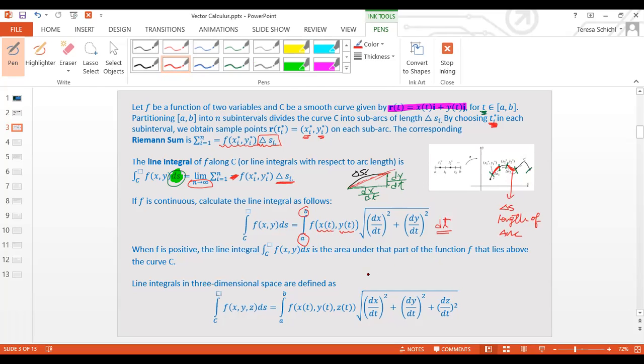In the same way, if you have x, y, z, if w is equal to f(x, y, z), in the fourth dimension here, you can do the same thing. You can use the parametric form. You change everything to t, then you take the integration with respect to dt.